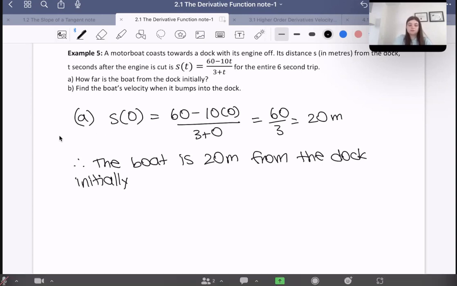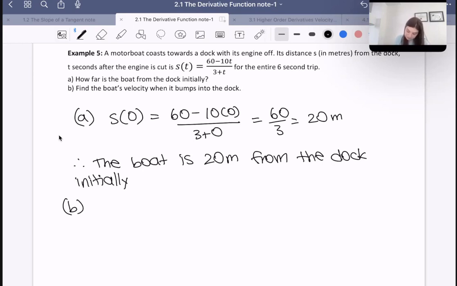Now let's do B. B asks, find the boat's velocity when it bumps into the dock. So when would the boat bump into the dock? Well, the boat would bump into the dock when it is 0 meters from the dock. So it would bump into the dock when s of t is equal to 0.